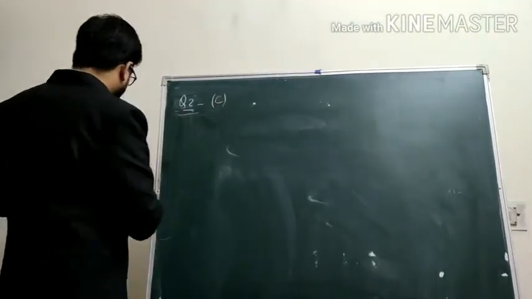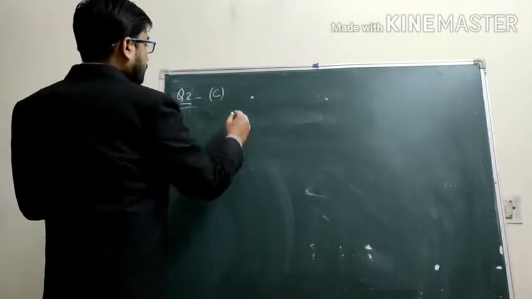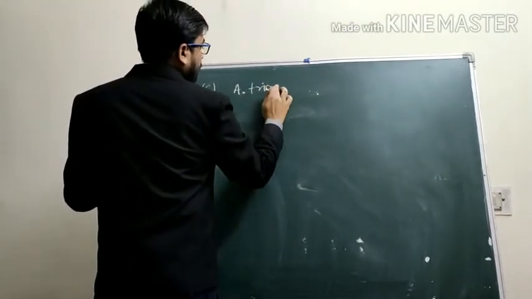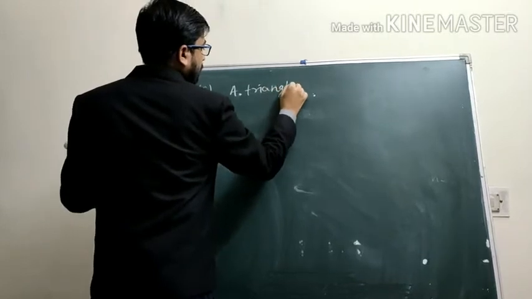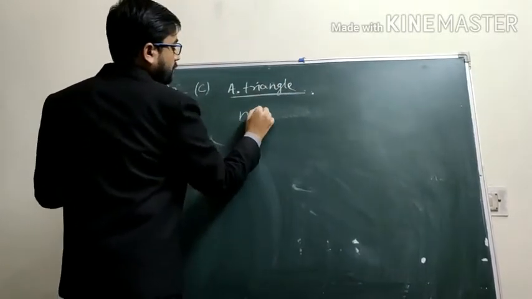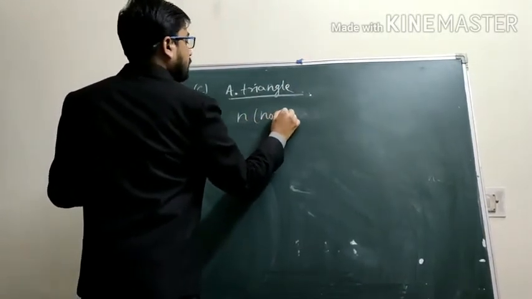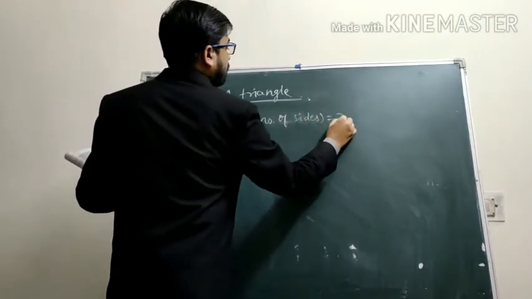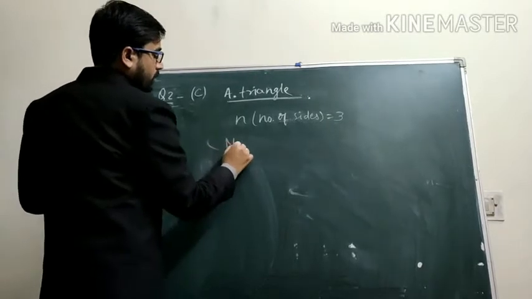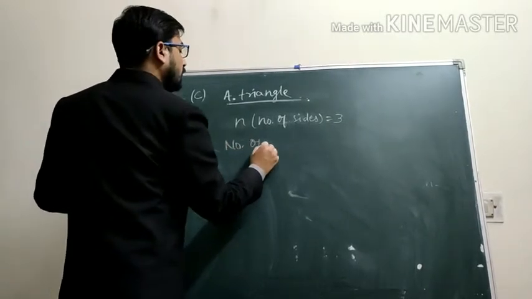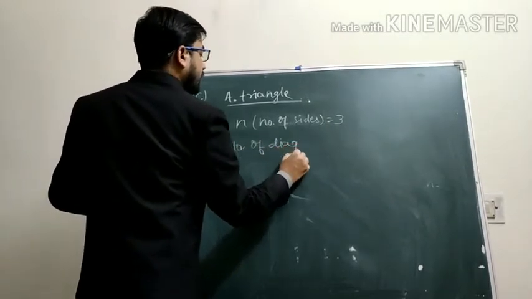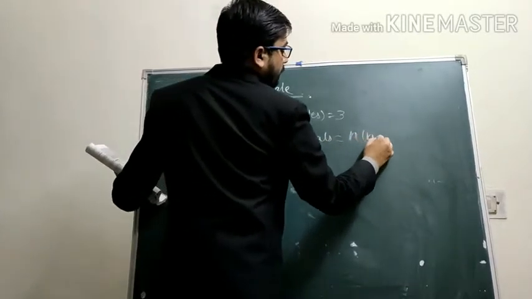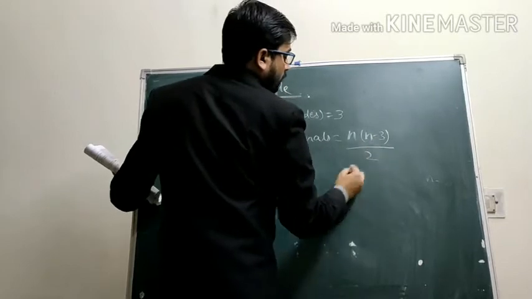C, a triangle. You know number of sides in triangle is equal to 3. Find number of diagonals. Number of diagonals is equal to n into n minus 3 upon 2.